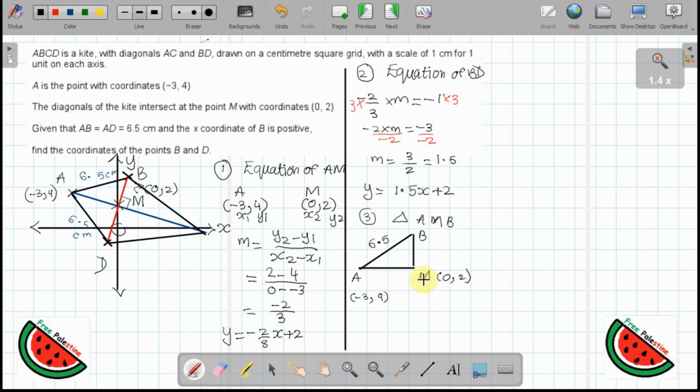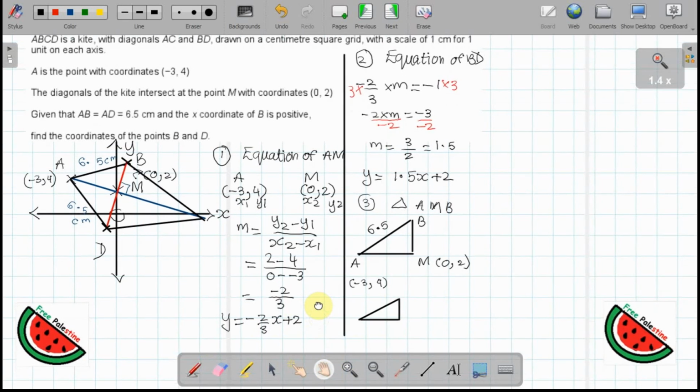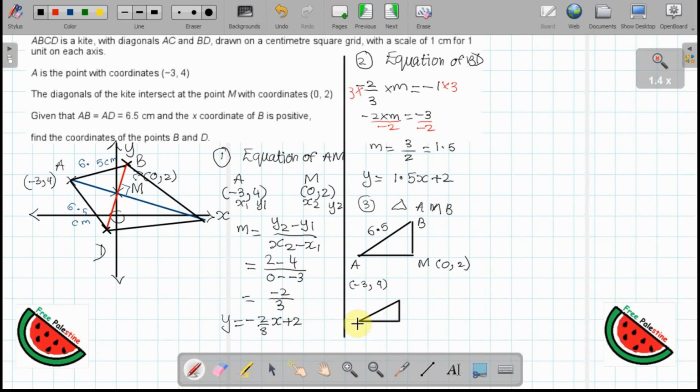So to find the length of AM, I'm going to create a second triangle. Let's move this question slightly up, so I've got some space over there. So we've got AM.